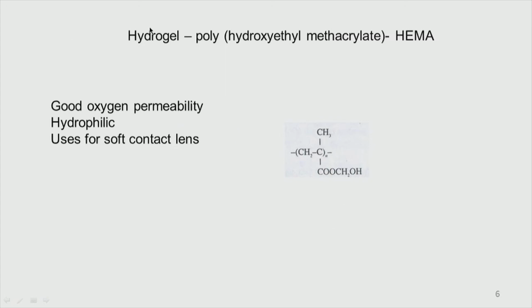Okay, next hydrogels. Hydrogels is polyhydroxyethyl methacrylate, HEMA, hydroxyethyl methacrylate. Okay. So, look at this structure here. Okay, so we can have hydroxy, then we can have ethyl, then methacrylate, okay, this methacrylate and so on actually.